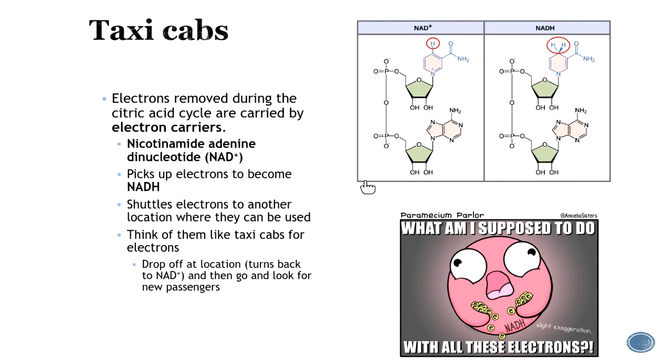They just shuttle back and forth. When it's without electrons, it's just NAD+, and when it gains the electrons via hydrogen, it becomes NADH. Another one that we'll see is FADH2. Think of one as Uber, one as Lyft. They still do the same thing.